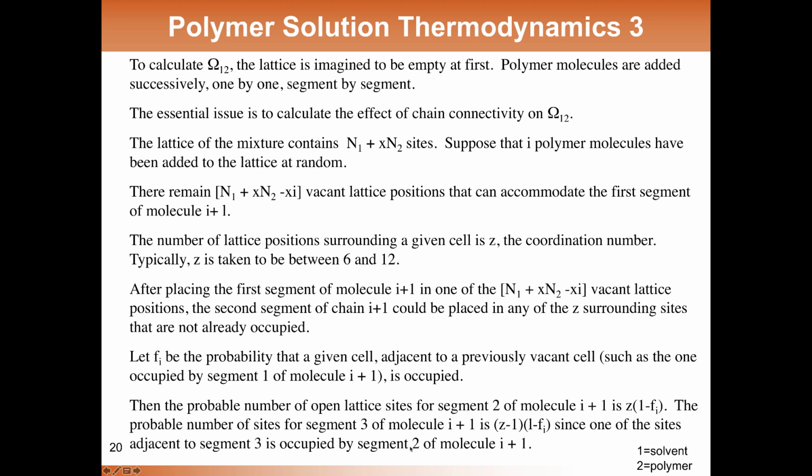That was not the case when we were placing the second segment, because it can take on any of the open cells around segment 1. But when we start to place segment 3, it can only fit into Z minus 1 of the open sites, because for sure one of the sites next to segment 3 is going to be occupied by segment 2.